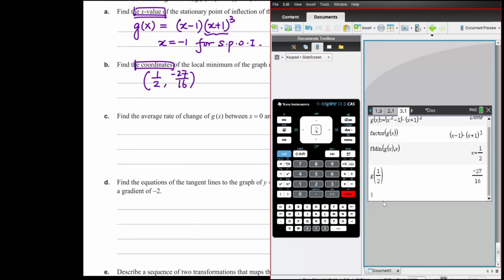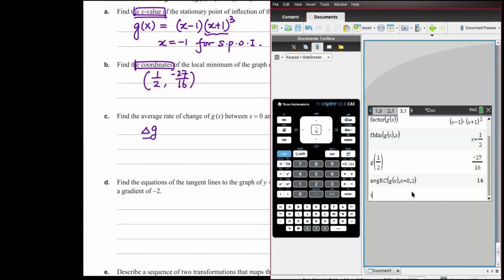Average rate of change of g(x) from x equals to 0 to x equals to 2. So 0 plus 2 is 2. Interval length 2, and the change in g is 80, so that's 40. So we say delta g over delta x equals to g(2) minus g(0) divided by 2 minus 0. That is 40. And the equation of tangent.